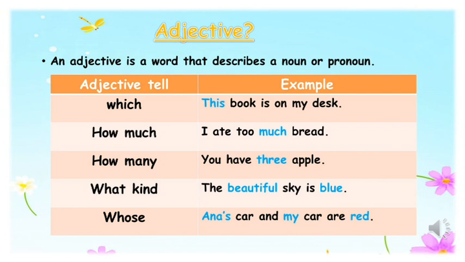Which ones tell whose? Do you see them? Anna's and my. Each of these adjectives describes the noun car. Whose car? Anna's car. And whose car? My car.